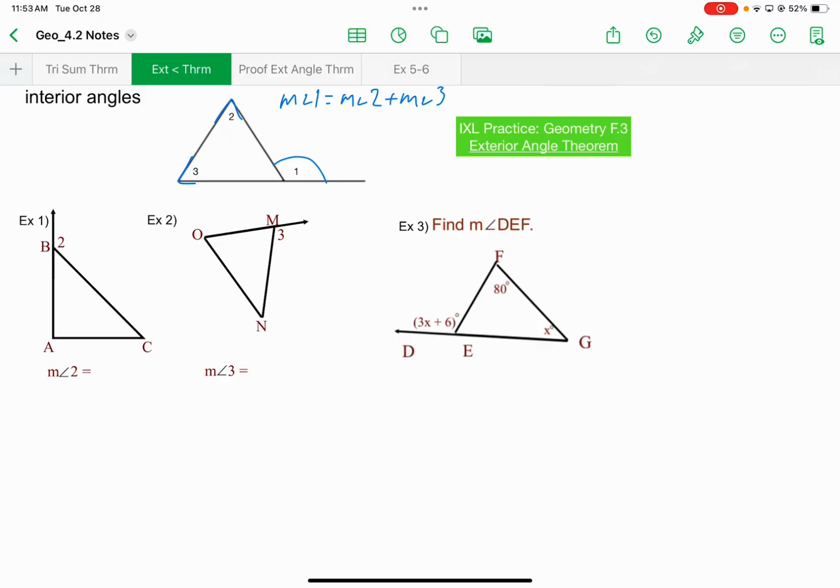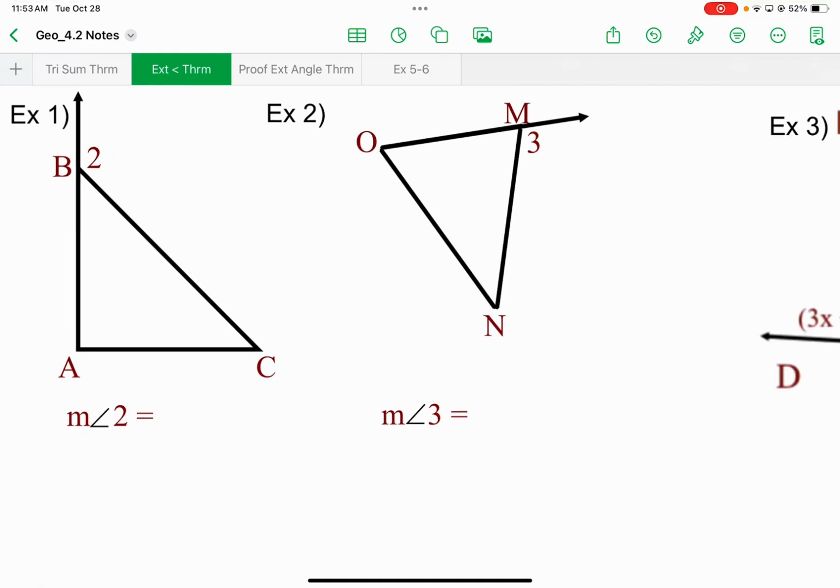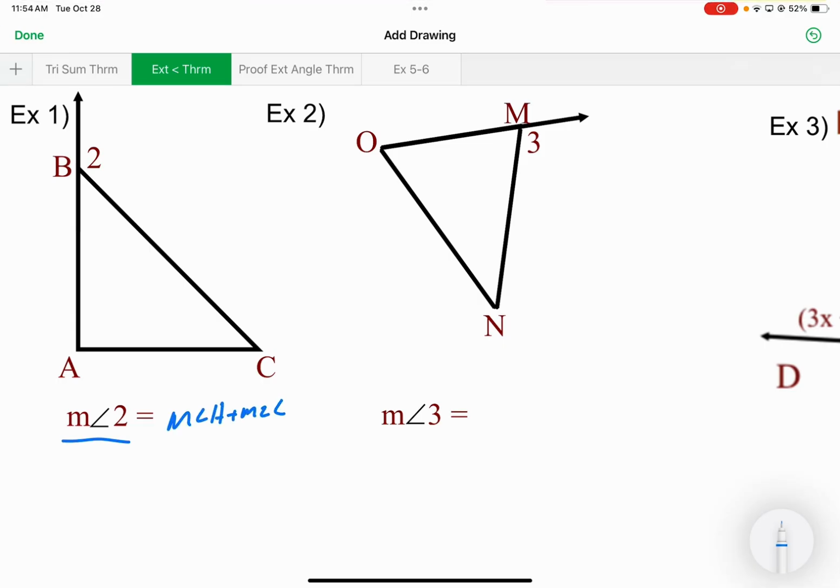All right, here we go. Tell me in letters for the first one, what's the measure of angle 2? What letters am I going to add together? I want to figure out the measure of angle 2, so I need to add together the measure of angle A plus the measure of angle C. Parker, you already told me the next one.